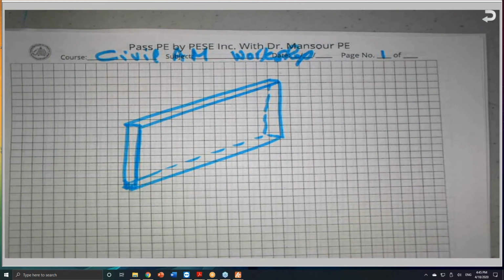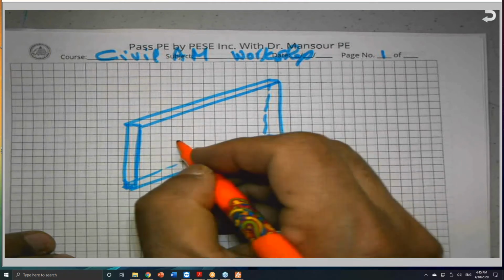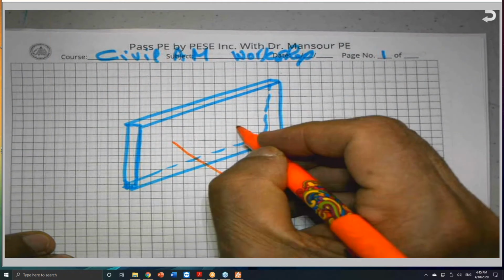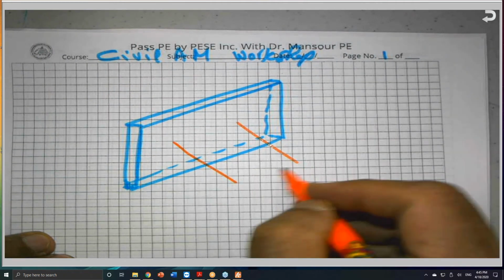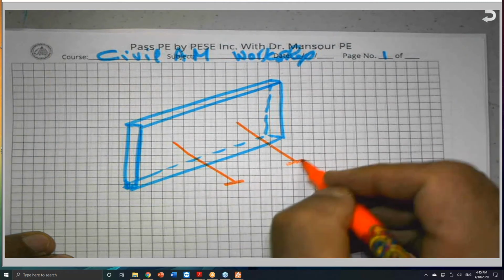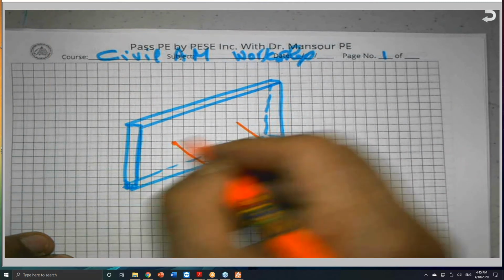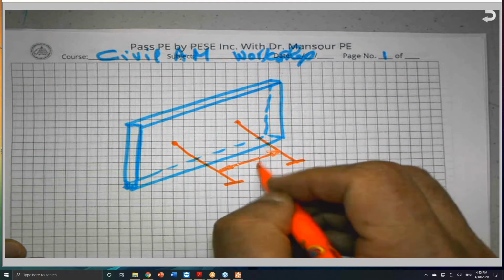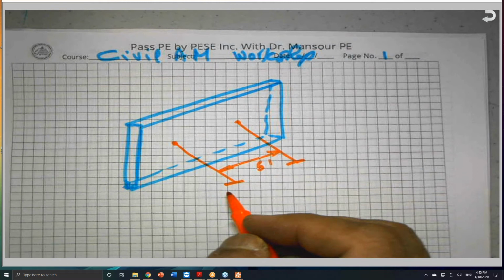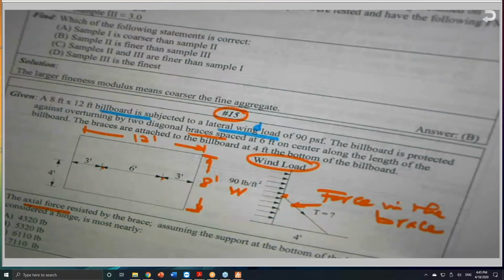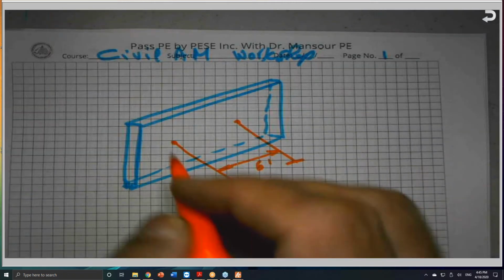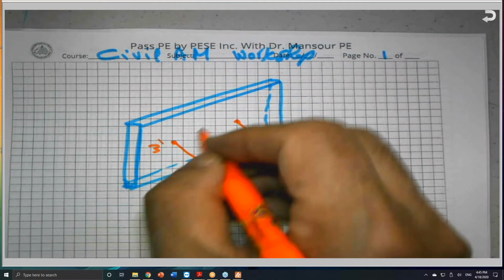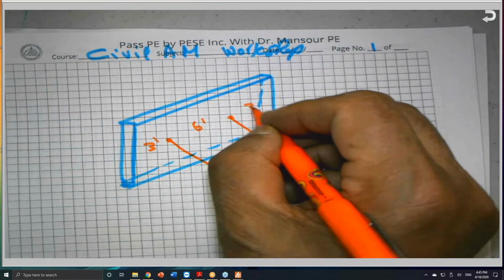They are supporting this wall from overturning, one here and one here. And the distance between them is 6 feet, according to the problem statement. And the 3 feet here and 6 feet here, and 3 feet to the end.